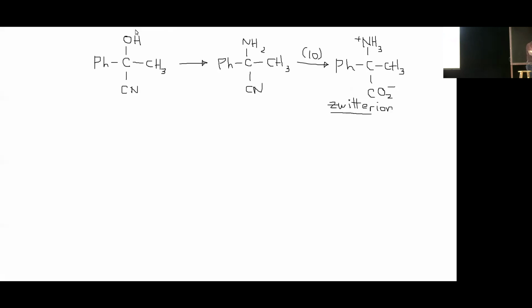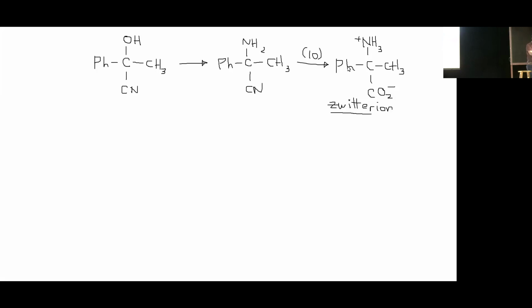Point being that if you can get your hands on a cyanohydrin, or maybe alter the reaction a little bit so you get an amino group instead of an OH group, then you're just one step away from making an amino acid. In fact, this particular one you wouldn't actually get. This particular one would not be a naturally occurring amino acid.